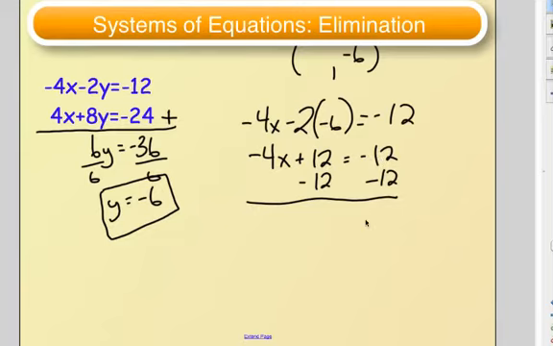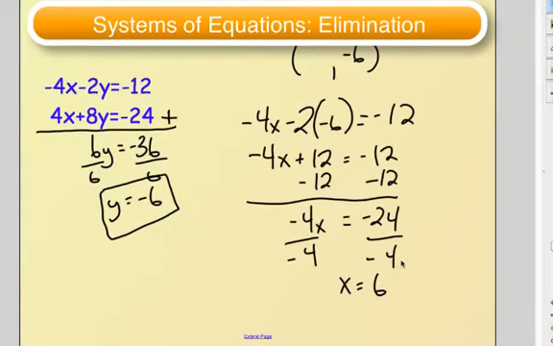Negative 12 minus 12 is negative 24, so just be careful of that. Then negative 4x equals negative 24, because this part will cancel out. I do the second part of my two-step equation, and I get x equals positive 6, because a negative divided by a negative is a positive. 24 divided by 4 is 6. So that's my x value.